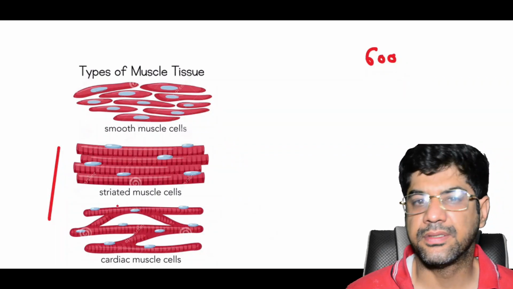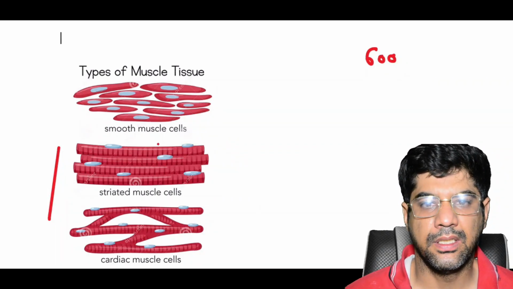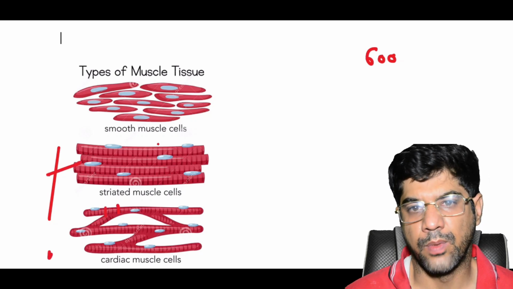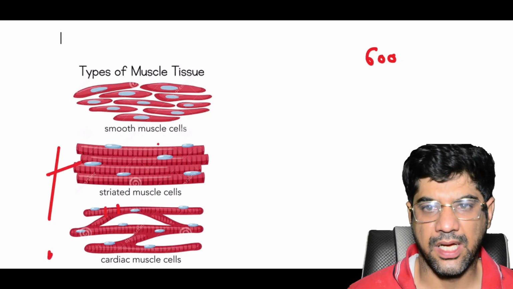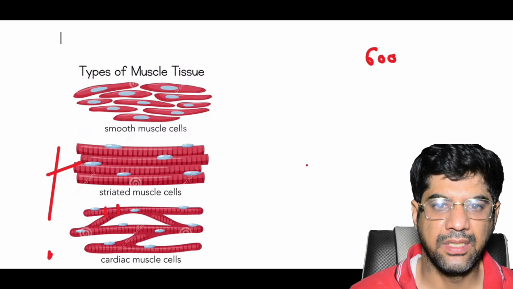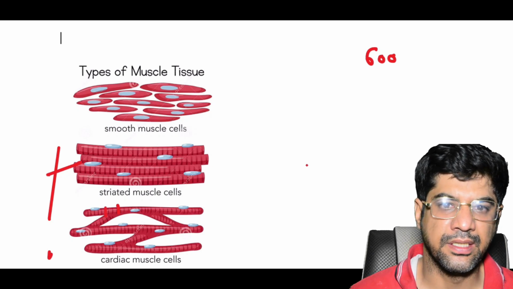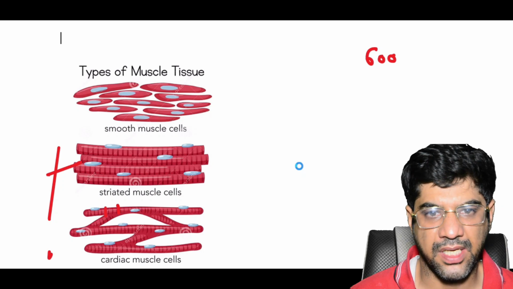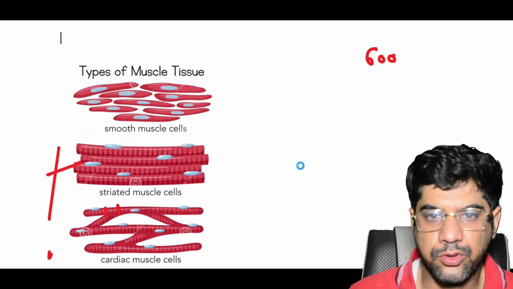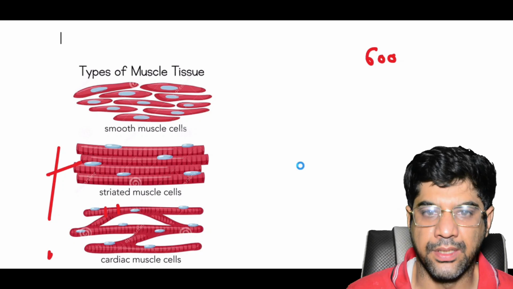Now let us classify the muscle based on the presence of striations. So what are striations? Striations, remember, are the transverse lines that you can see in some muscle. Based on the striation, we can divide them into striated muscle. So what is a striated muscle?